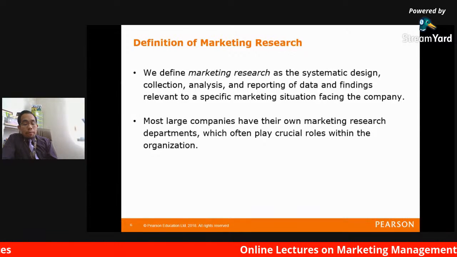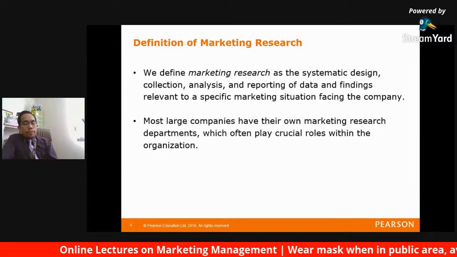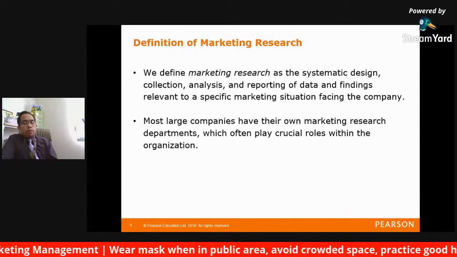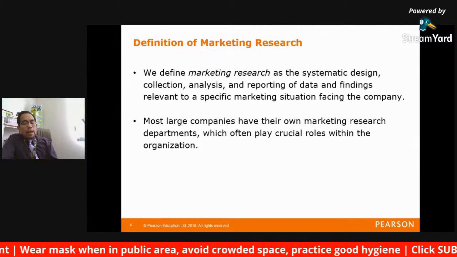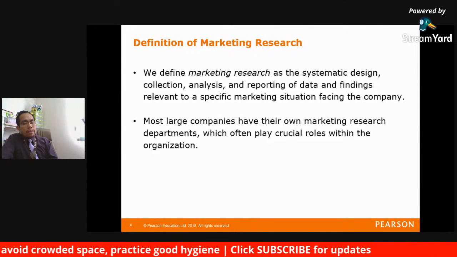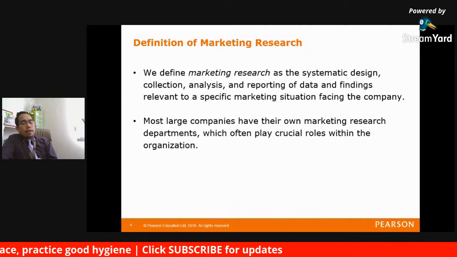The process of gathering information, developing the approaches, getting close to the respondent, and interpreting the data that you have collected is a very systematic process.